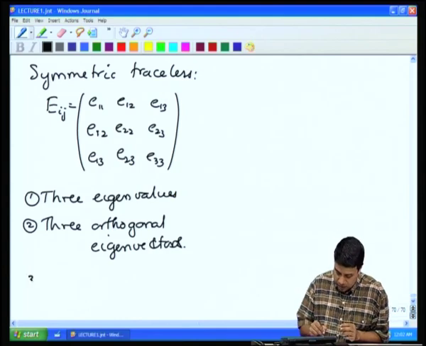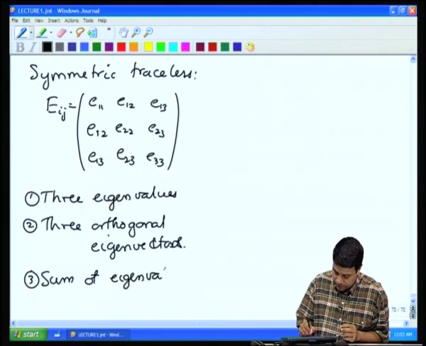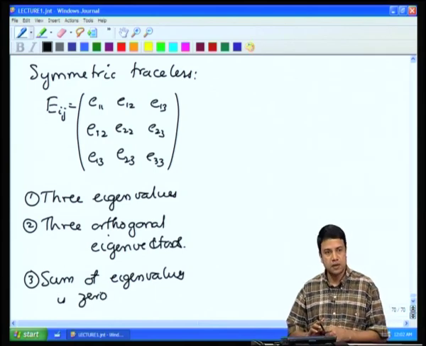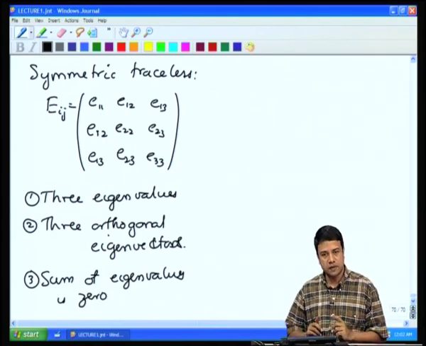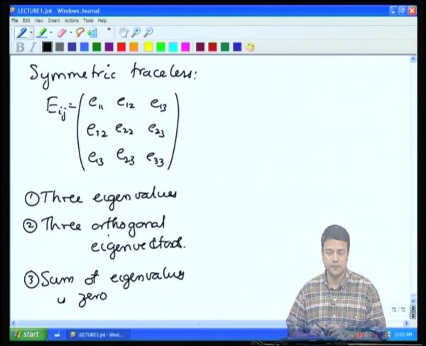Since it is traceless, the sum of eigenvalues is 0. So, therefore, you can have either 1 positive and 2 negative eigenvalues, 2 positive and 1 negative, or you can have 1 zero, 1 positive and 1 negative eigenvalue.